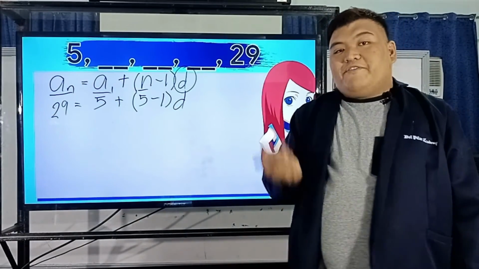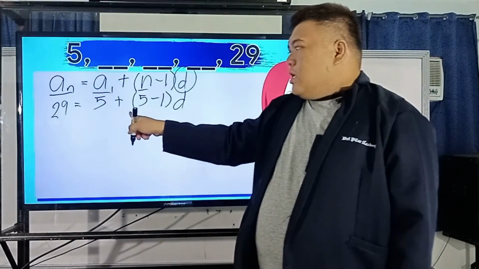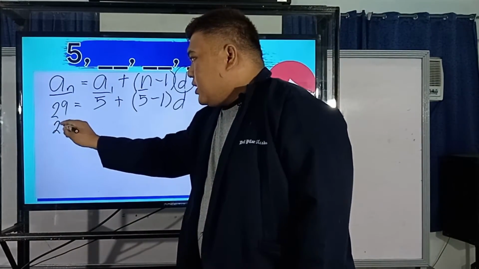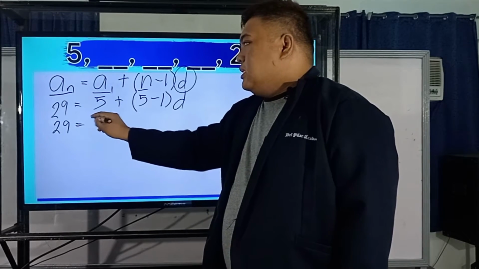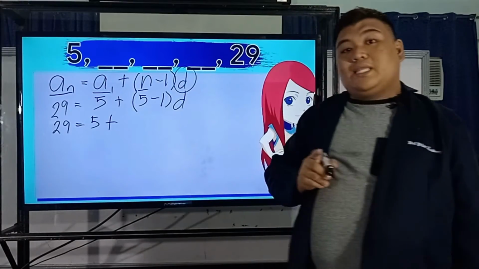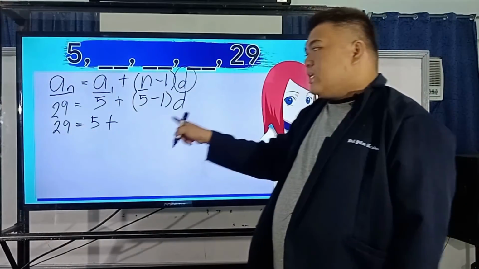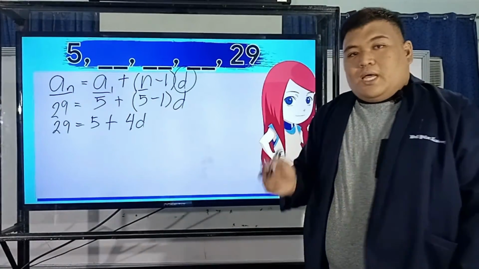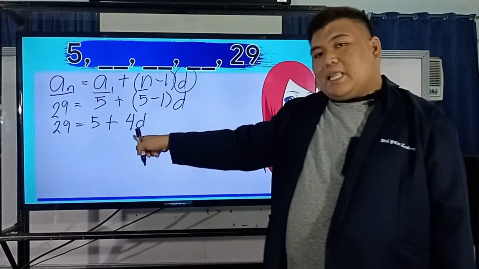So still, following the PEMDAS rule, ito muna tayo sa loob ng parenthesis. So we have 29 equals 5 plus 5 minus 1 is 4. 4 times d is 4d. Next, kailangan matira lang yung may letter d.